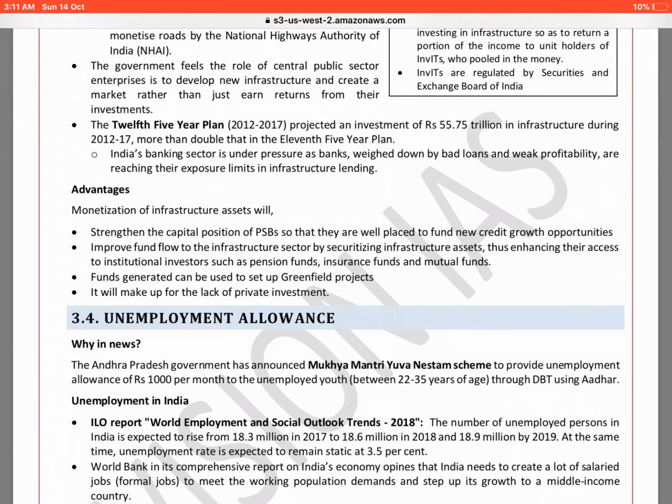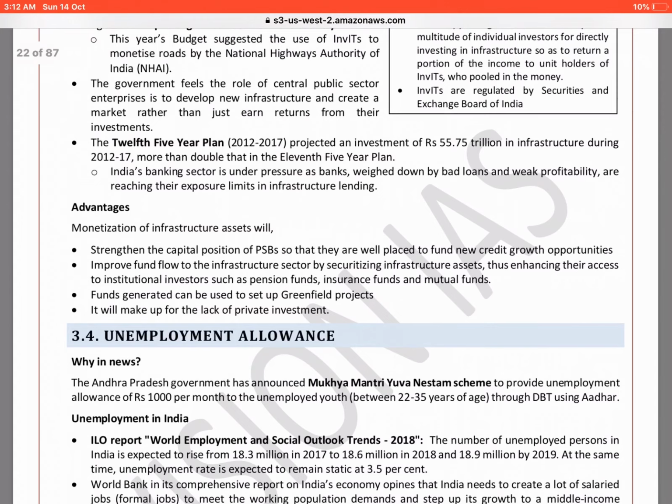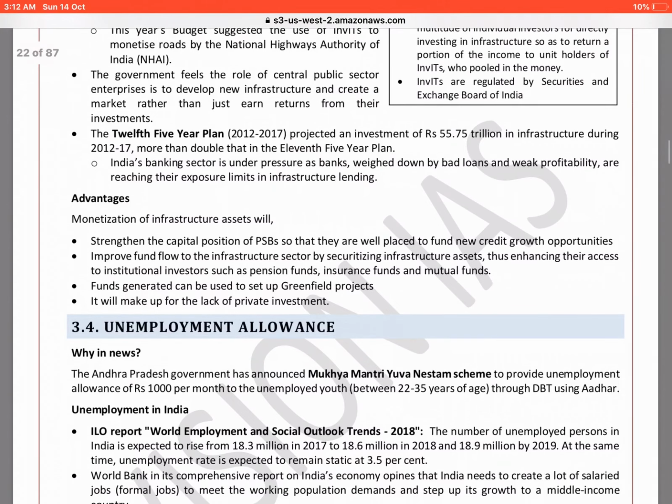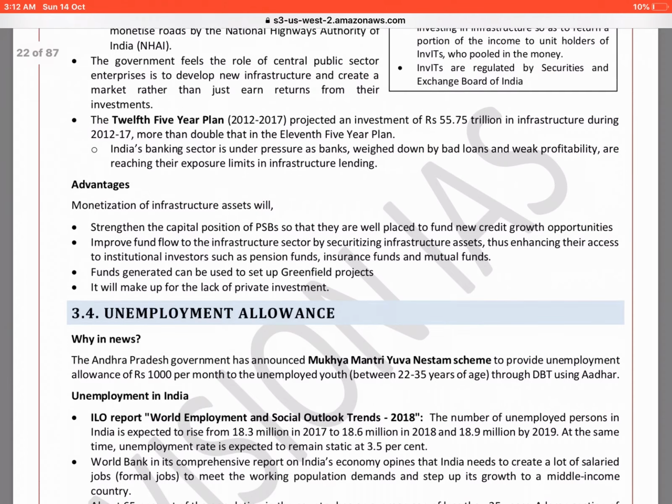The 12th five-year plan 2012 to 2017 projected an investment of 55.75 trillions in infrastructure during 2012 to 2017, more than double the 11th five-year plan. So the investment that the 12th five-year plan, which has ended in 2017, projected was twice that earlier projected in the 11th five-year plan.